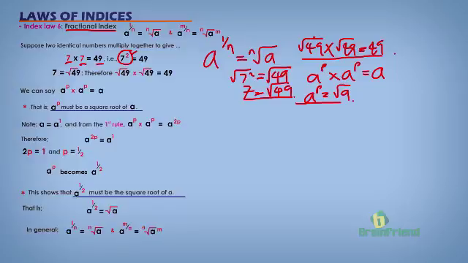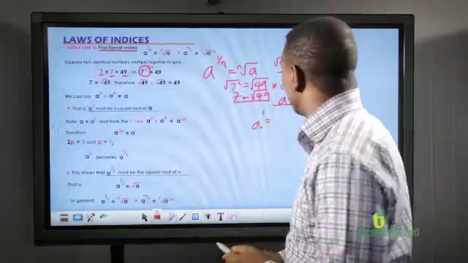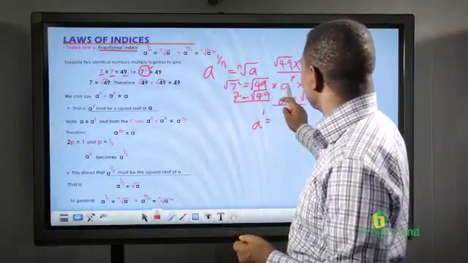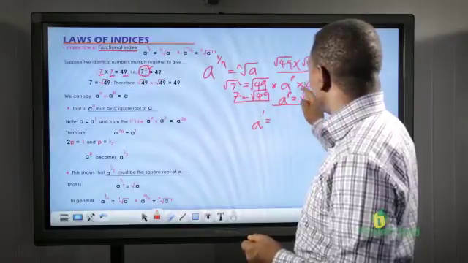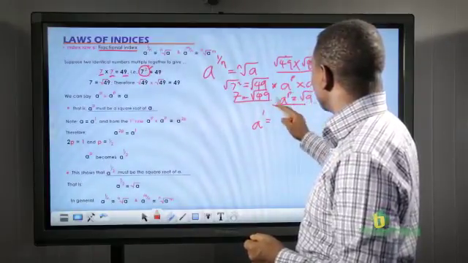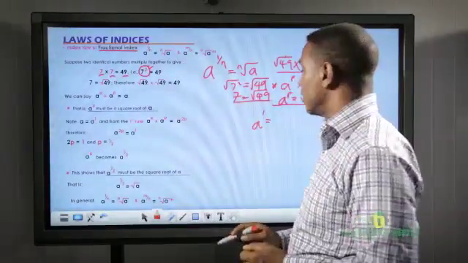Now, we know from our earlier study that a raised to power 1 would also give us a. So, we could rewrite this statement as a raised to power 1 is equal to a. Also remember, we learned that our powers here would add up because we have like bases and we are multiplying them.